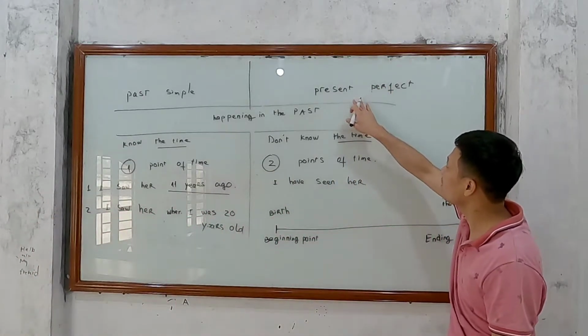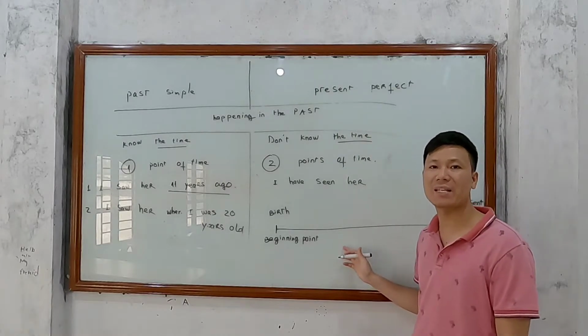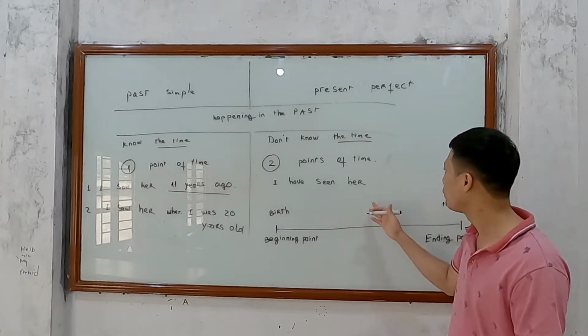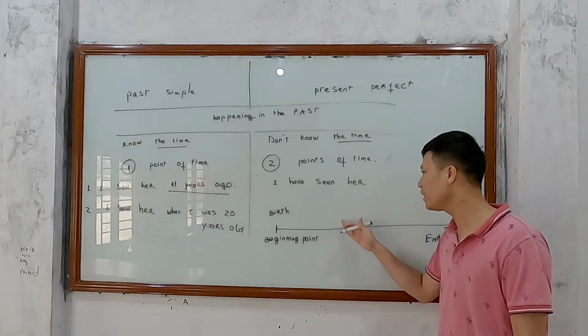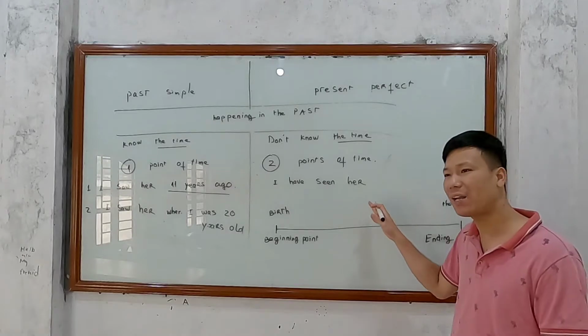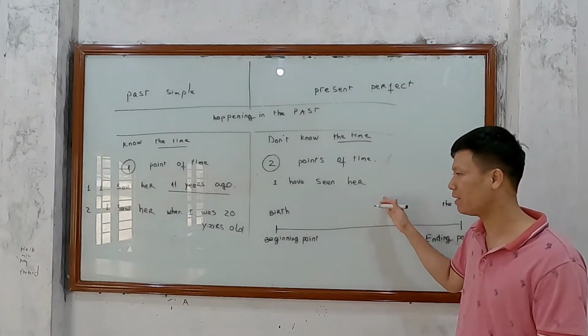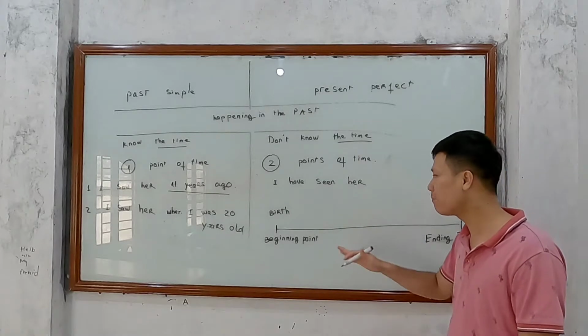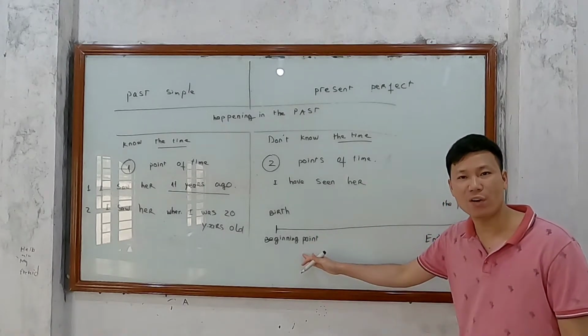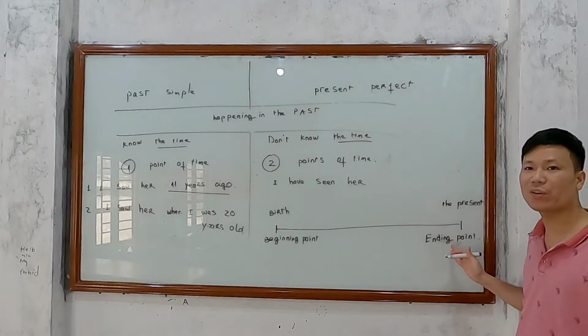And the second column, the present perfect. In the previous lesson, I told you about the period of time we can guess. Every action, everything you have done, must happen in a period of time from the beginning point, your birth, to the ending point, your death.